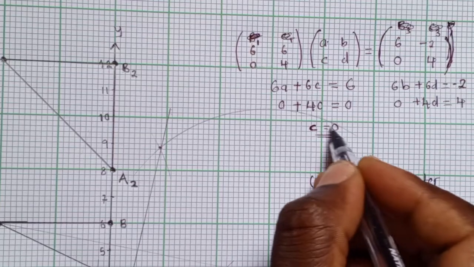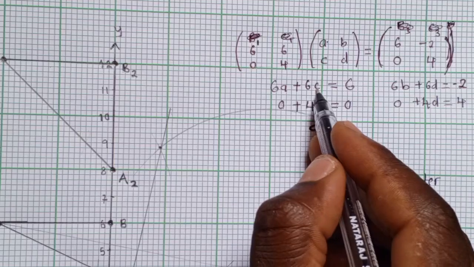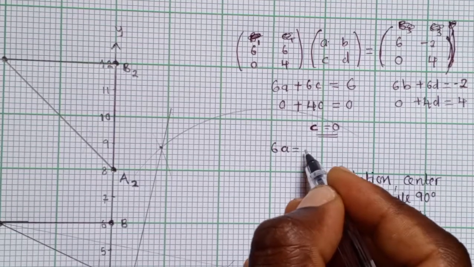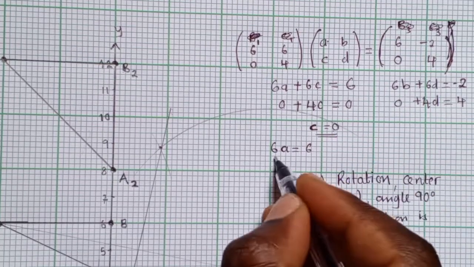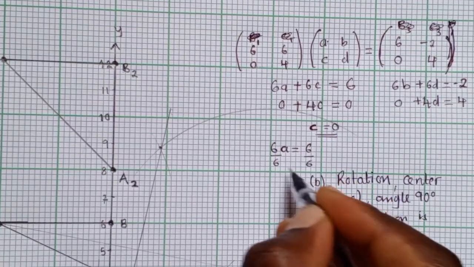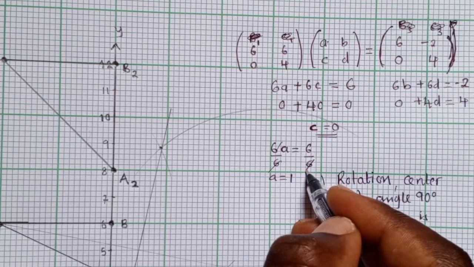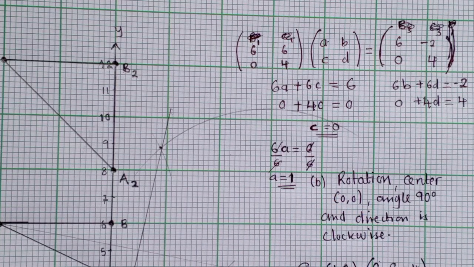Now we can find the value of A by substituting this C here. So we shall have 6A is equal to 6, because this will just be a 0 when we substitute. We divide by 6, A will be equal to 1, because 6 into 6 is a 1. So the value of A will be equal to 1.